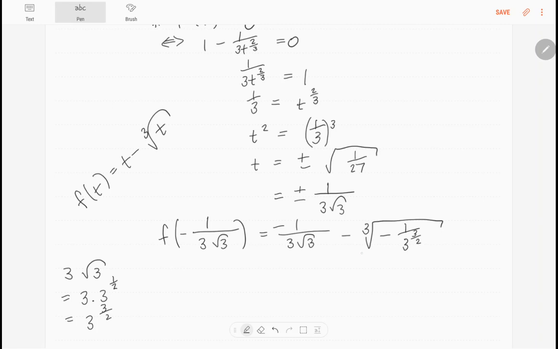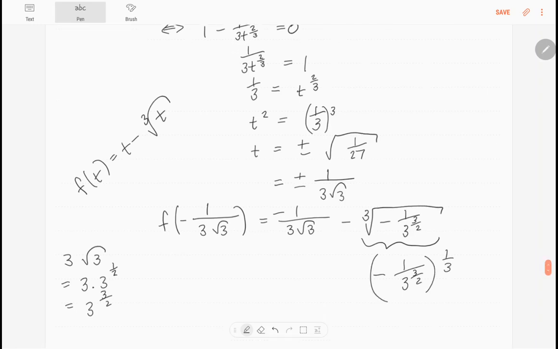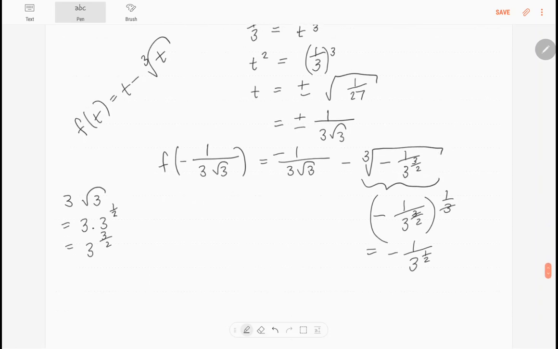Now, I know that this is just going to be minus 1 over 3 to the 3 over 2, to the power a third. And I can take that exponent in, and all I will be left with then will be minus 1 over 3 to the power a half.